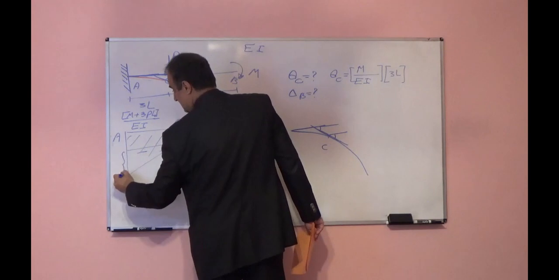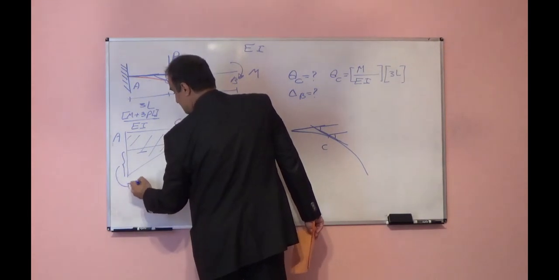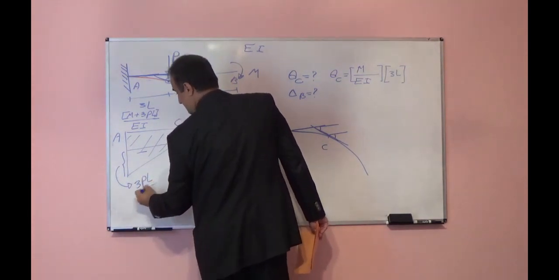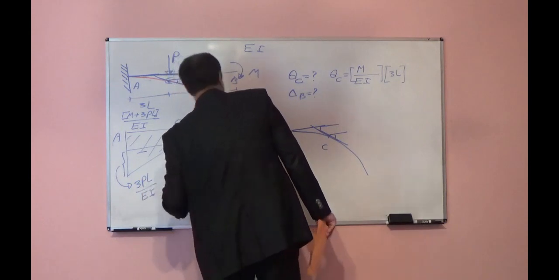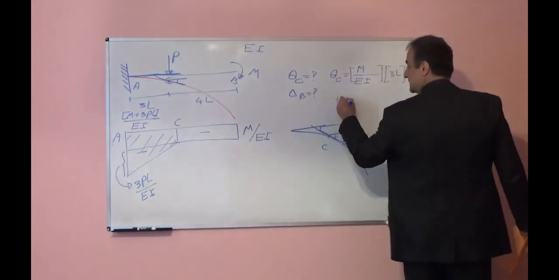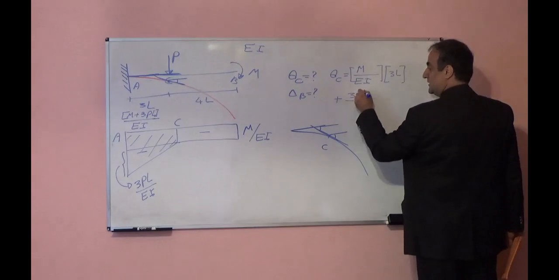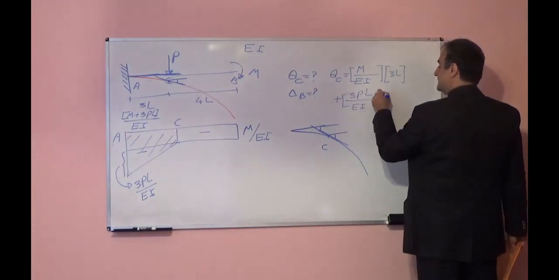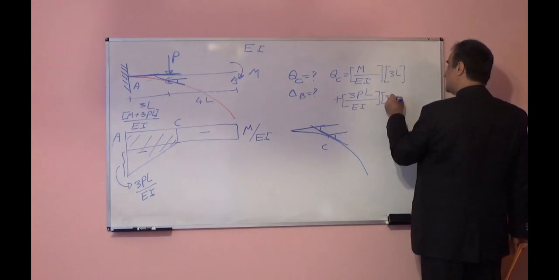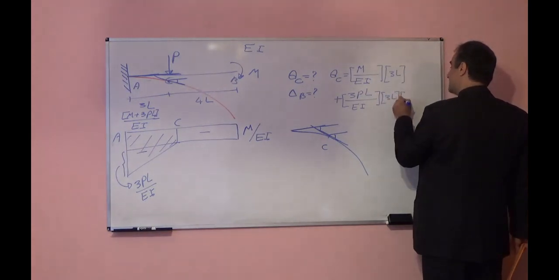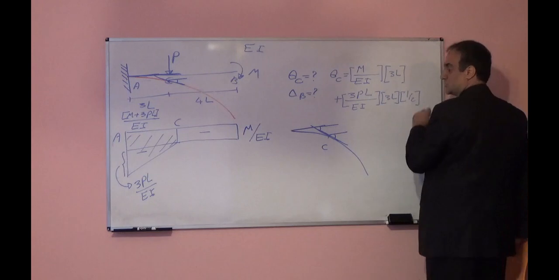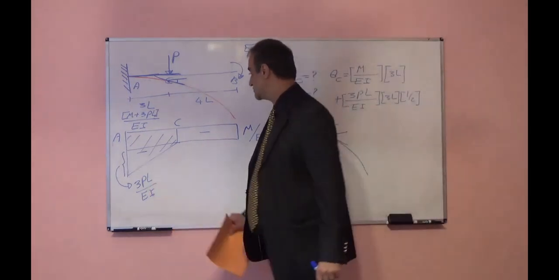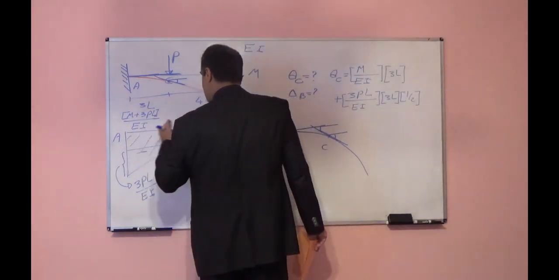This height will be 3PL over EI, so plus 3PL over EI times length 3L times half, because it is a triangle shape. So it will be the total area from A to C.